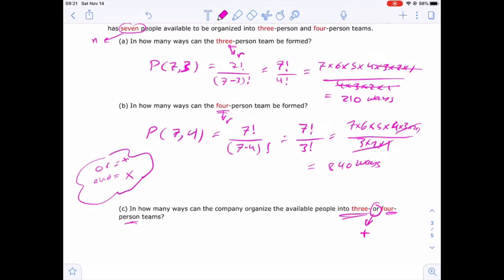So a 3-person team can be performed as we did in part A, it's 210 ways, or 4-person teams can be formed by 840 different ways, and that gives us 1050 ways.